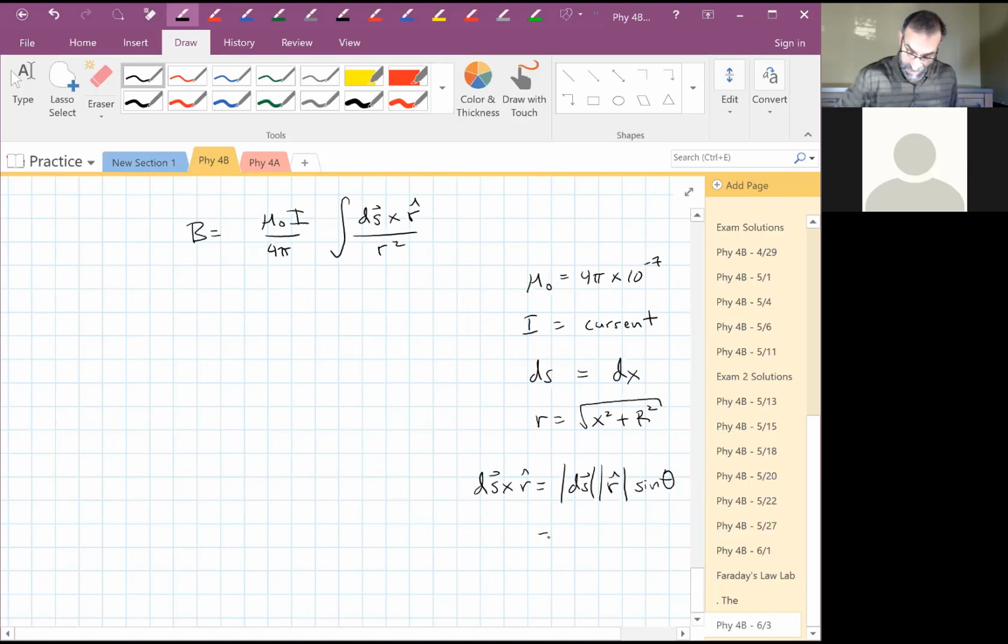What's the magnitude of ds? dx. We're just calling that dx, right? What's the magnitude of r hat? 1. It's a unit vector.